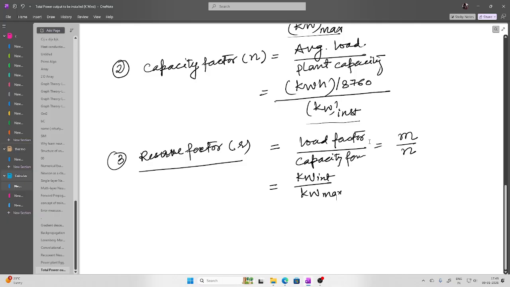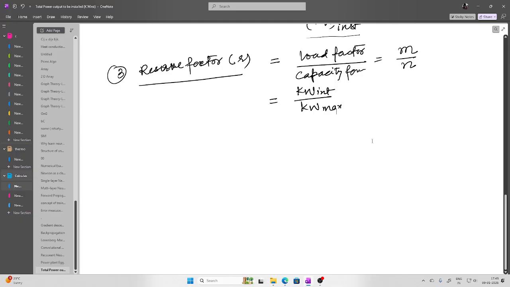Apart from this, if you consider a particular consumer, let's say consider yourself. In your house, there will be several electrical appliances like refrigerator, air conditioner, fans, tube lights, normal bulbs, your laptop, there are so many things. Okay, geyser.